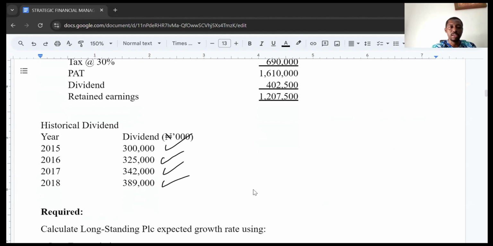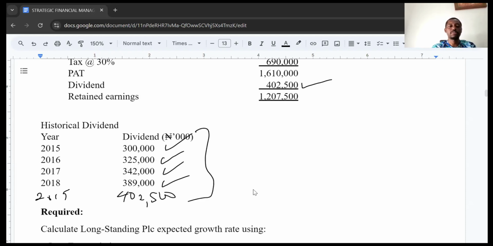Now, it's not here, right? But we were told that this current year is what? 2019. And the dividend that has been declared, has been paid for the current year is how much? 402,500.